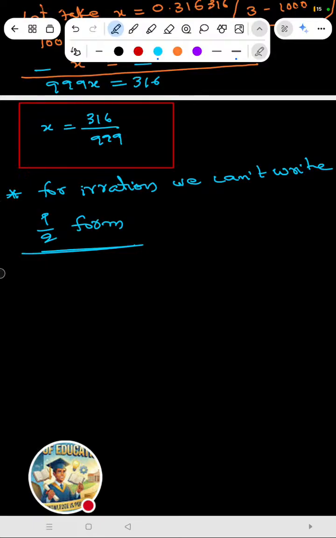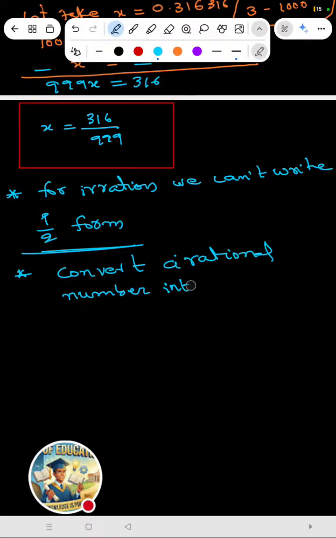Next, one more important problem. They will ask you to convert a rational number into decimal form.